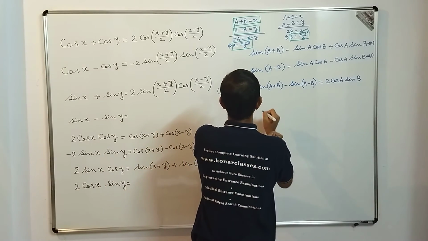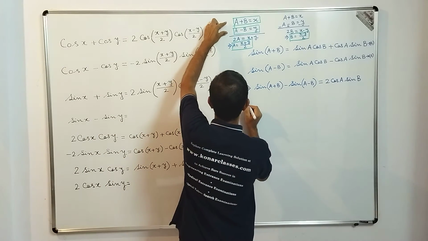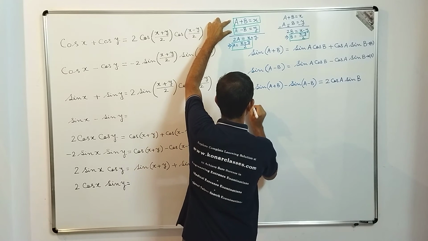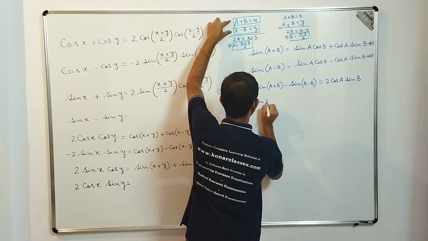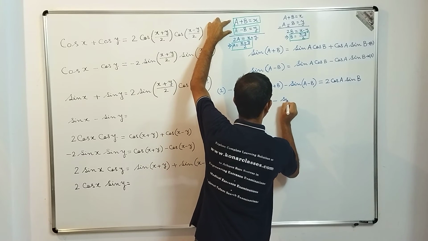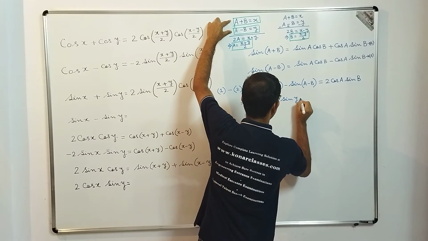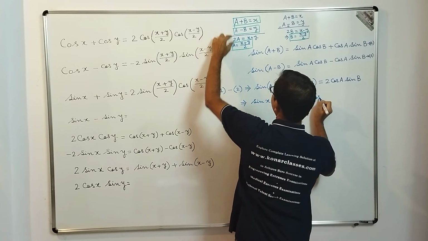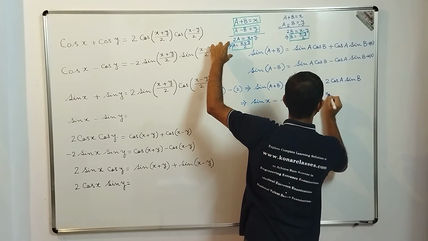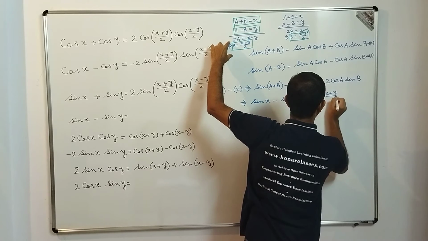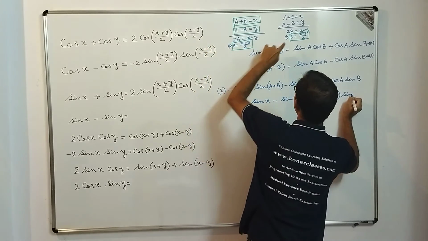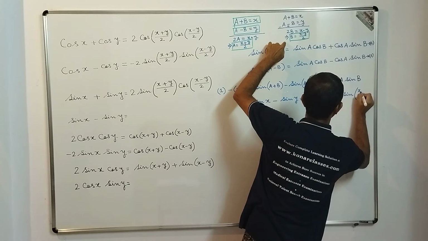Now we can replace a plus b equal to x and a minus b equal to y. So what we get is that sine x minus sine y is equal to 2 cos a, that means x plus y by 2, into sine b, that is x minus y by 2.